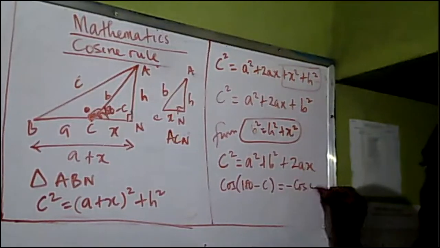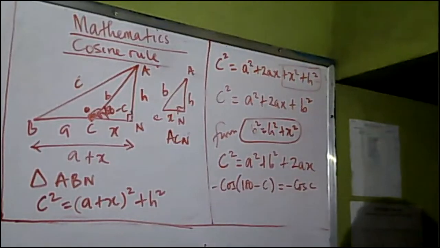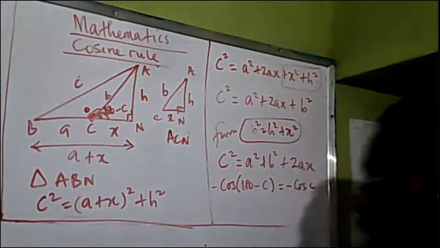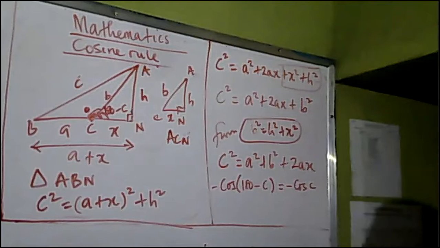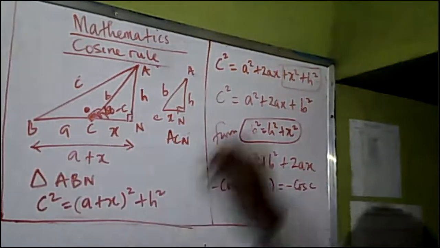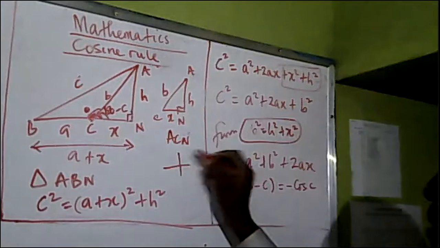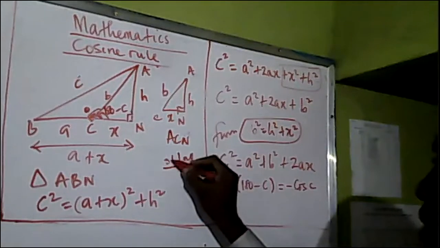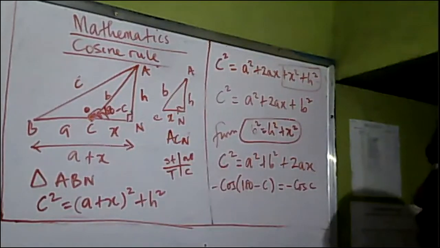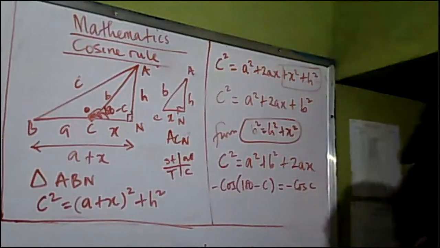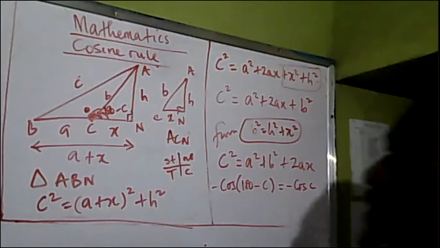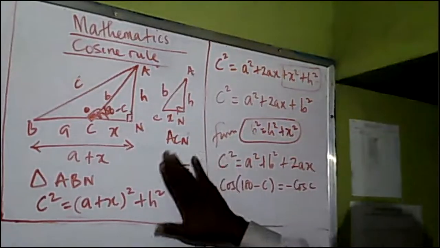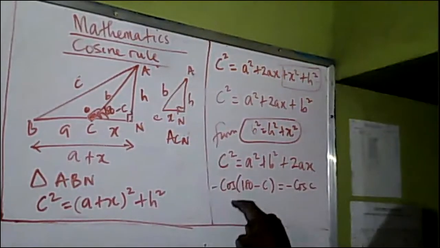Minus cos C. Remember, that's if you want to change angles from the four cardinal points of angles, that's if you are dealing with this, all students take CAT, your trigonometry. When the first quadrant is positive, all of them are positive, in the second quadrant only sine is positive, and so on and so forth, you remember. So in the second quadrant, cos is negative.